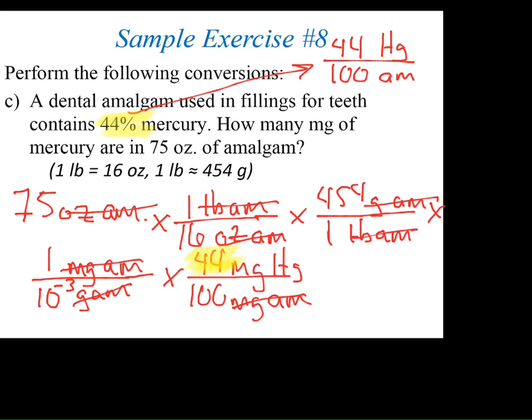Okay, let's punch that in our calculator then. See what we get, then we'll check our sig figs. 75. Okay, 16 on the bottom, so I'm going to do divided by 16. Oh, 454 on top, so I'm going to do multiply 454. 10 things are on the bottom, so I'm going to do divided by exponent negative 3. 44 is on top, so times 44. 100 is on the bottom, so divided by 100.